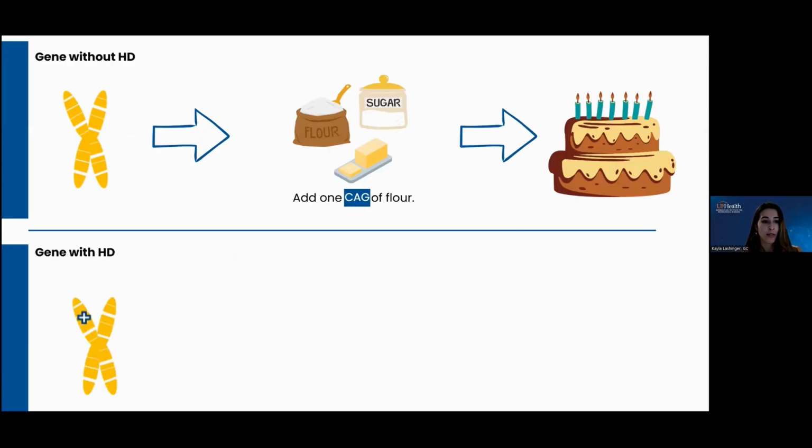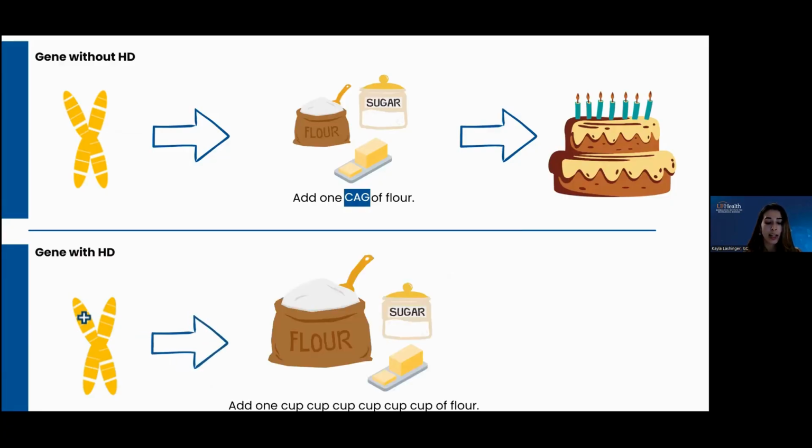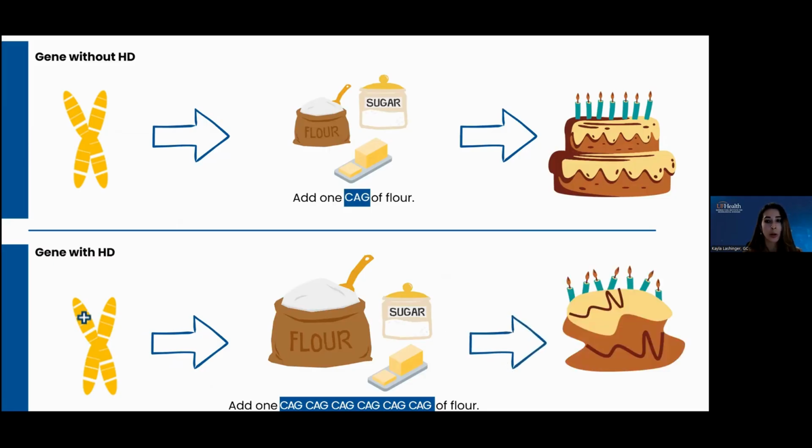So if the HTT gene has a genetic change or a repeat expansion in the CAG that causes Huntington's, it causes different instructions. So instead of 1 cup of flour, you have several cups of flour, meaning you have more CAGs than you typically should. So you have more flour, and like any recipe, it's going to throw it off, and the cake is going to be different than it typically would be.